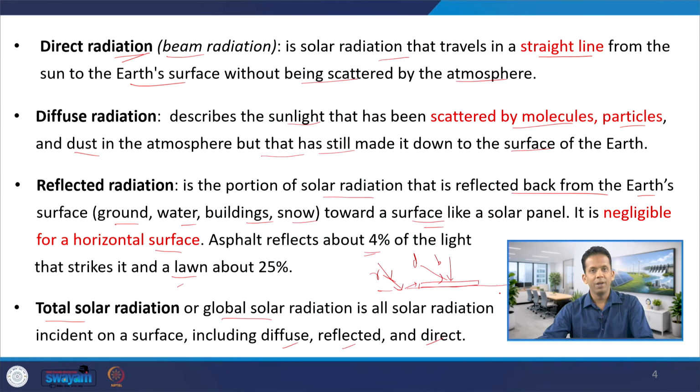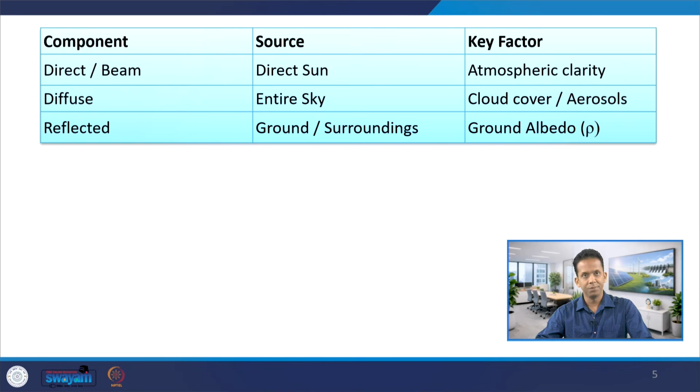Now, let us look at how this radiation varies with respect to different surfaces. Before that, just a quick comparison. Direct or beam radiation comes directly from the sun, and the clearer the atmosphere, with fewer clouds and fewer particles, the more beam radiation we can get.